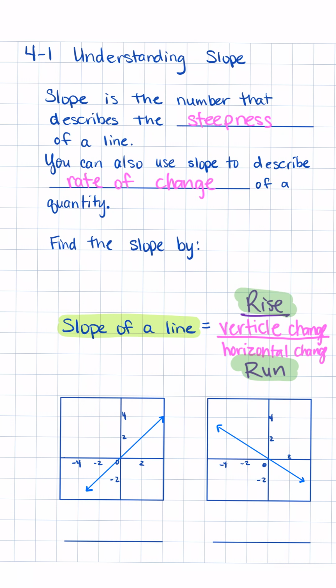So this is the y coordinates over the x coordinates. So slope is change in y over the change in x.